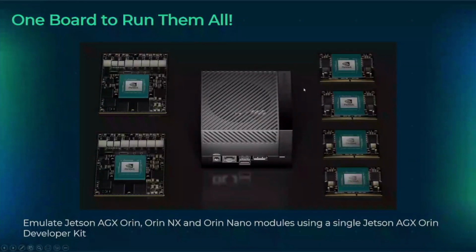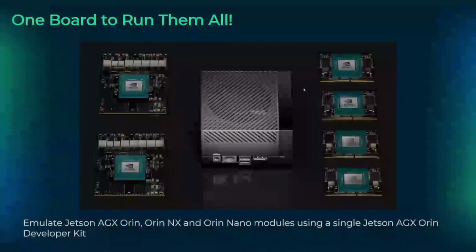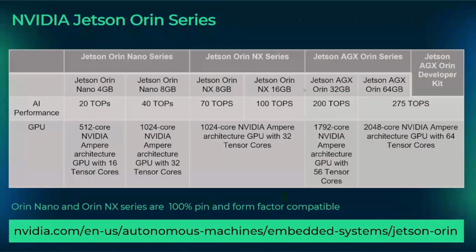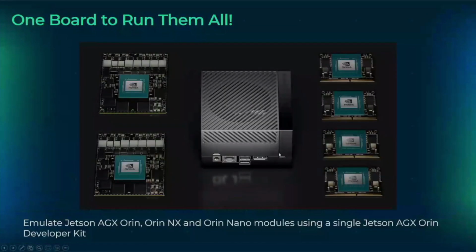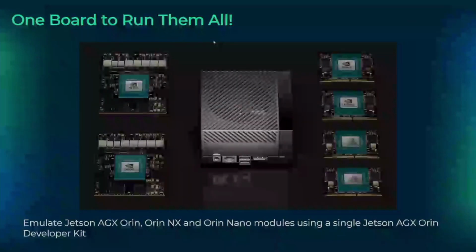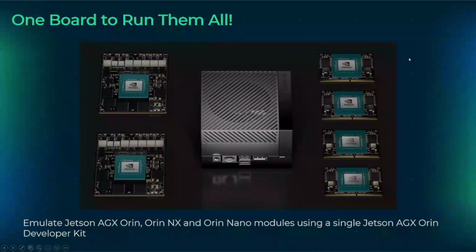Which means if you want to develop your next product, or benchmark and see how your model will perform on an Orin Nano, you can emulate this on the AGX developer kit. That's why I said one board to rule them all, not rule, run them all. So that's why this kit is very cool.